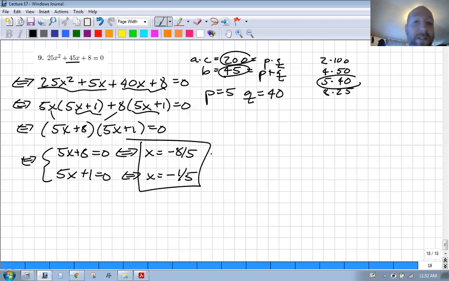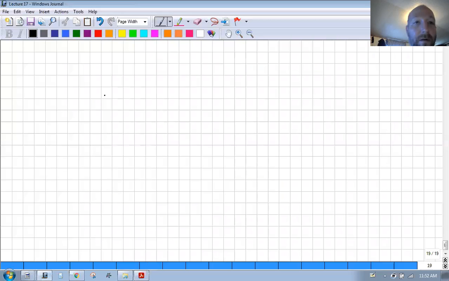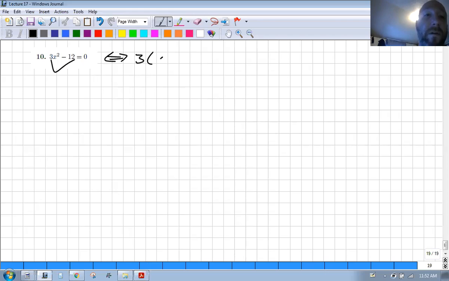And again, we can always check them by plugging them back into the original equation. So number 10 here. Well, this one, we could pull a number out of both of these, right? We could factor a 3 out. All right, so we could just divide by 3.